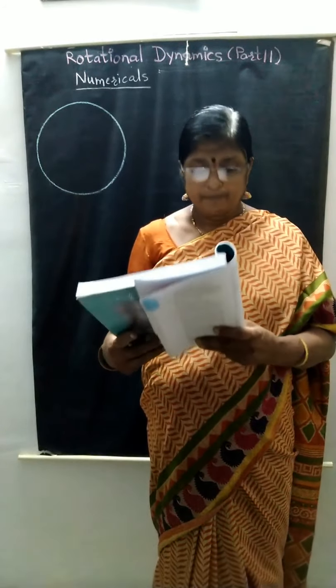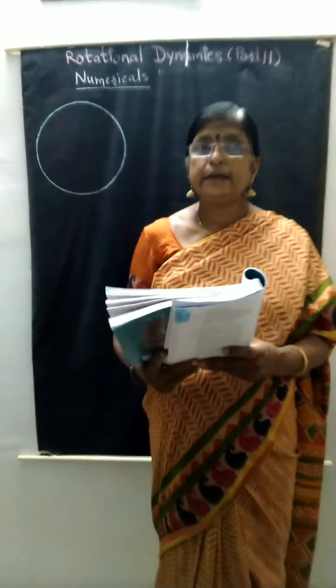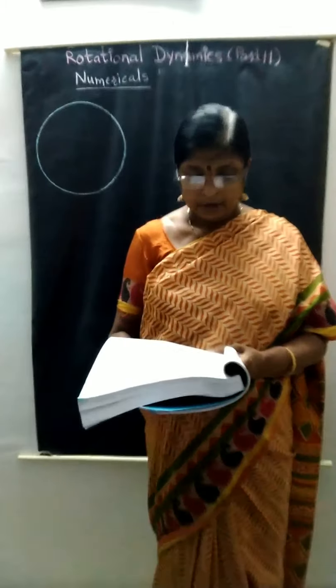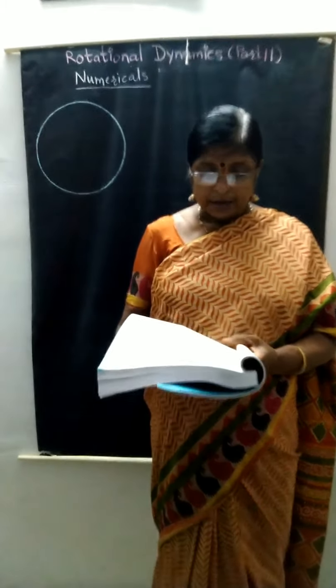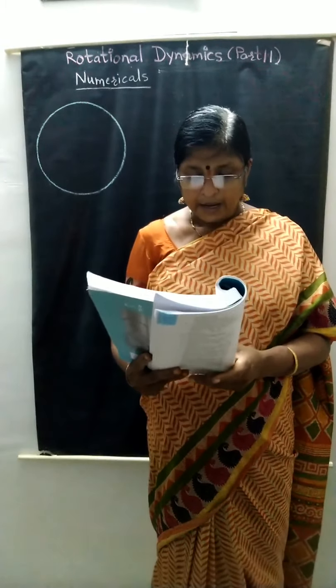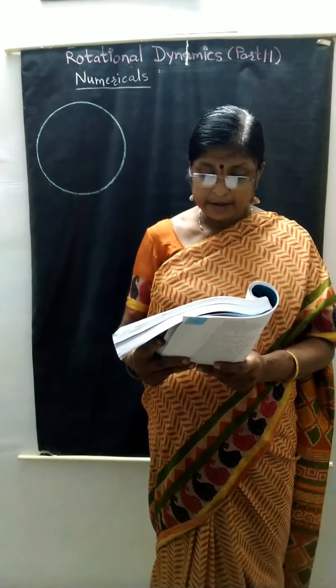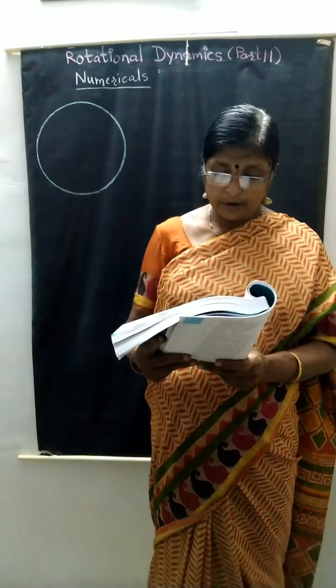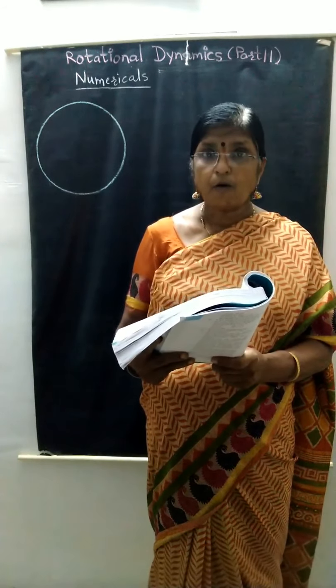The third problem, that is problem number 18, page number 25, is about the sphere of death. In the problem, it is given that a motorcyclist, considered as a particle, is undergoing vertical circles inside the sphere of death.